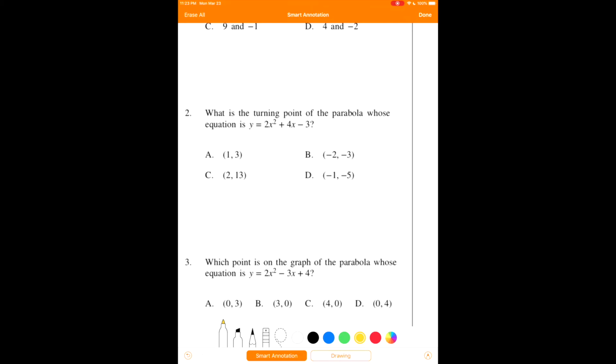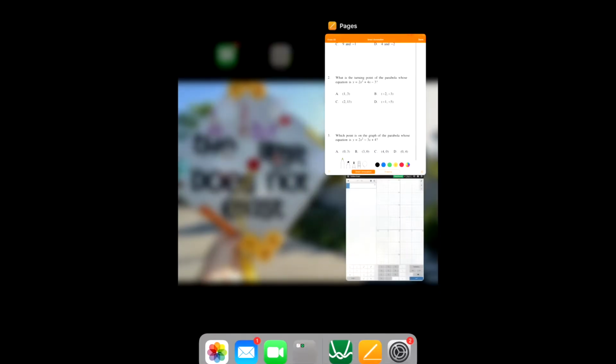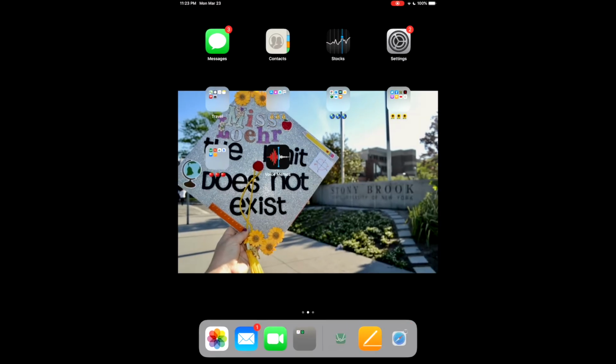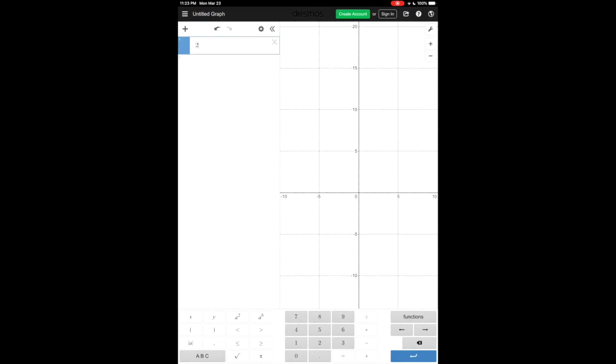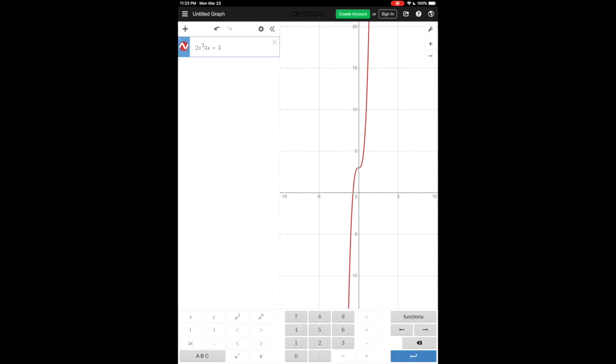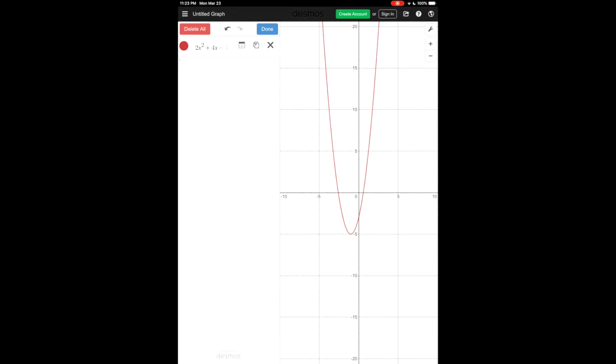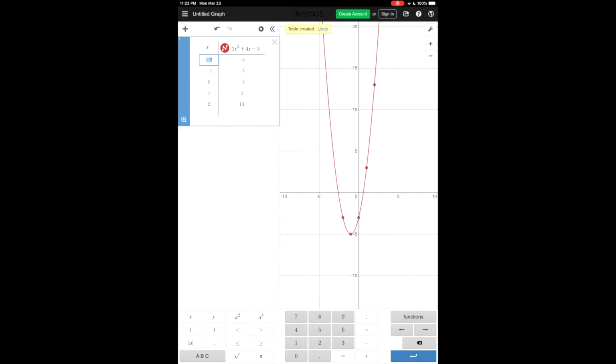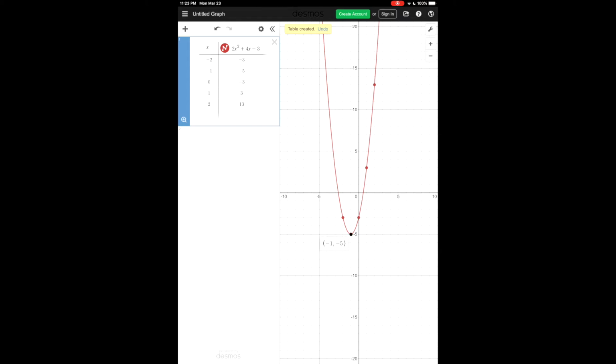Basically what you're going to do for this is you're going to go to your calculator, type in your equation, and you're going to look at your table, and you're going to look for where that turning point is. So I'm looking on my graph for my turning point. I know it's going to be negative 1, 5.